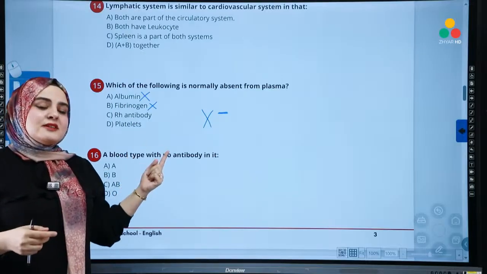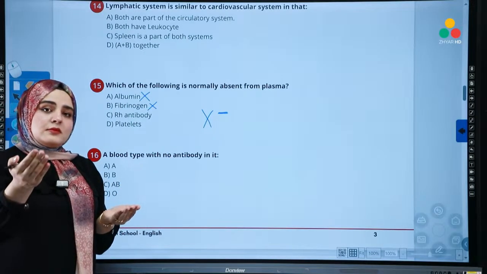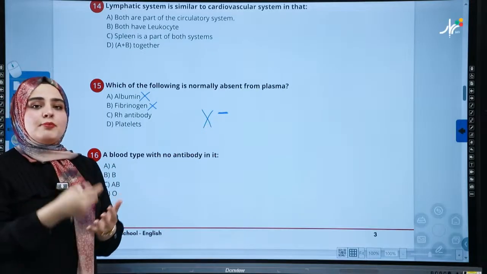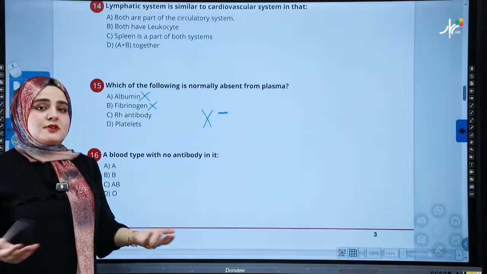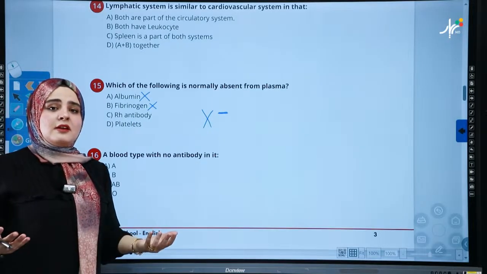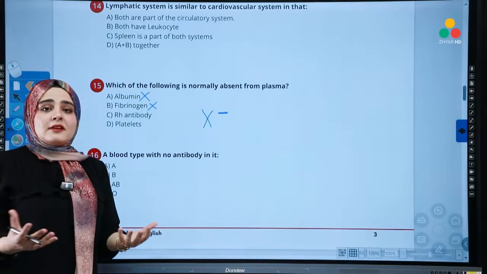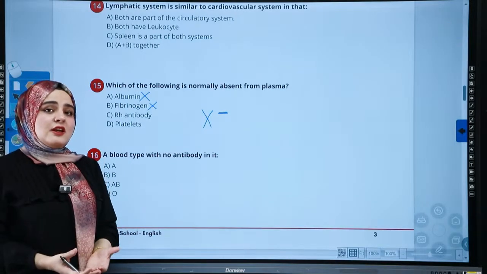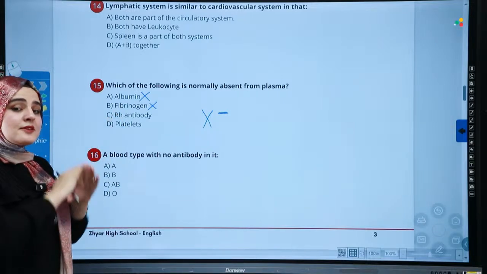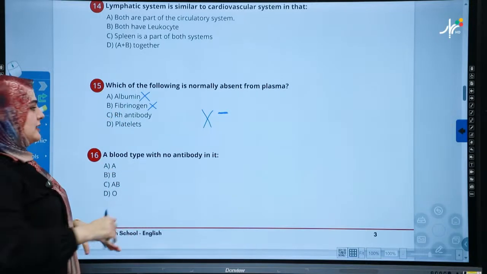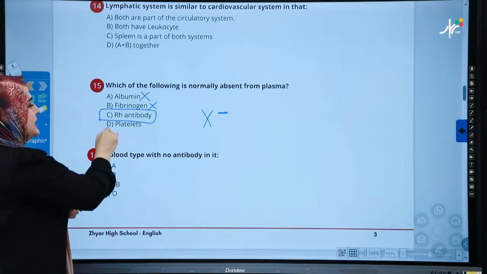Because this Rh antibody is only created when there is an introduction of a positive type of blood to the negative one. But usually that doesn't happen. Maybe the person lives their entire life without encountering a positive blood type, right? So it doesn't create it, not wasting resources or energy. That's why Rh antibody in normal circumstances, you can't find it. This is our answer. Let's check the last one just to confirm it. Platelets.